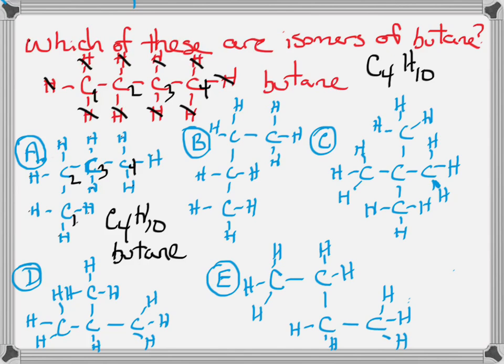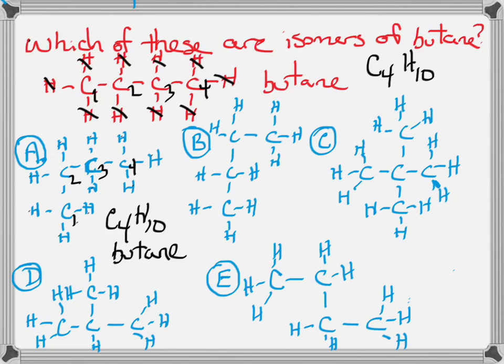But if you look at carbon 1 in both structures, carbon 1 is attached to 3 hydrogens and carbon 2, and that's the same in both structure A and the butane structure given in the question. If you go on to carbon 2, we see that carbon 2 is attached to carbon 1 and carbon 3 and 2 hydrogens, and that's the same in both molecules.